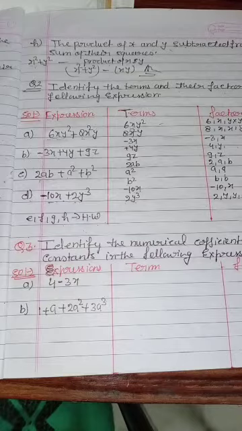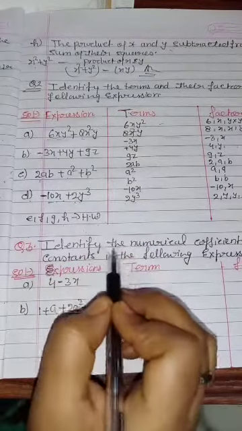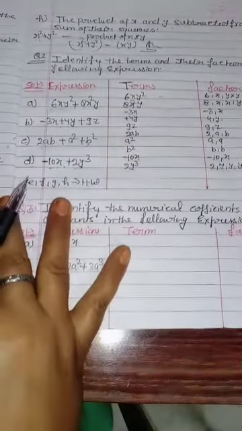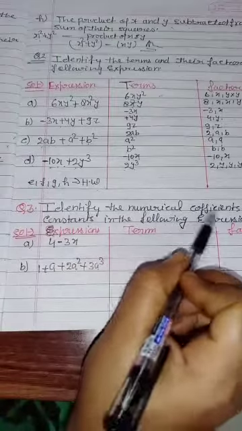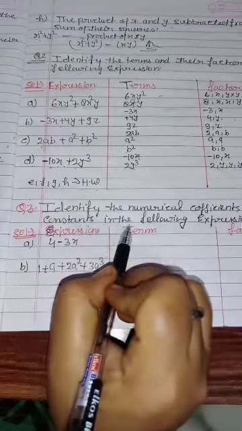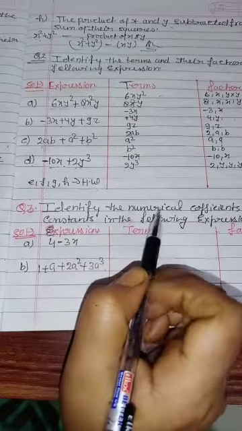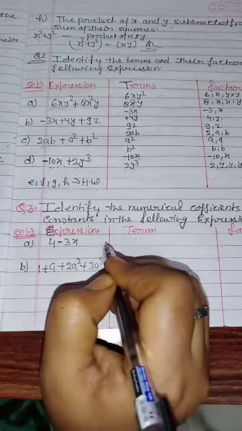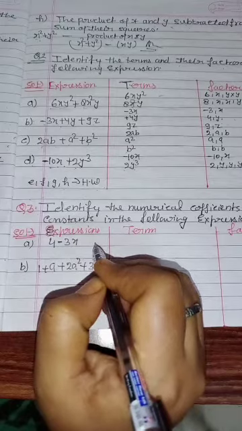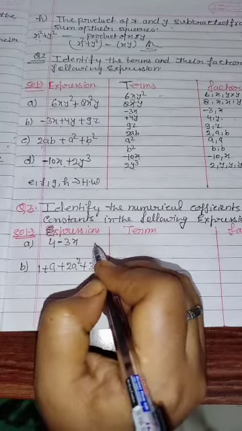Afterwards, beta, I am coming to question number 3. And what is question number 3? Identify the numerical coefficient. Try to understand the question. Identify the numerical coefficient other than the constant term. Means you have to tell the numerical coefficient not in the constant term, but in the rest of the terms.